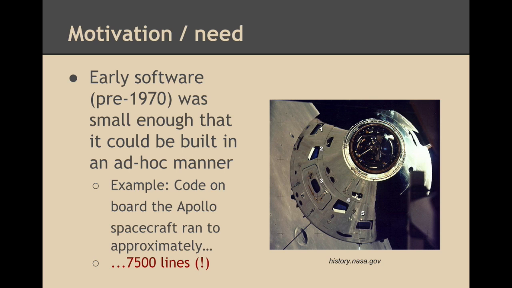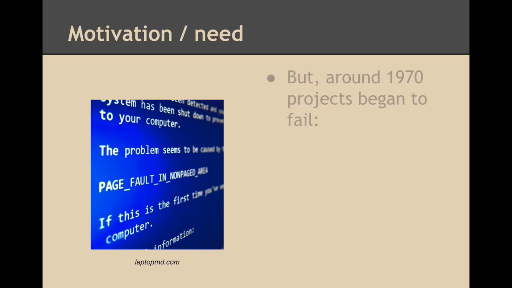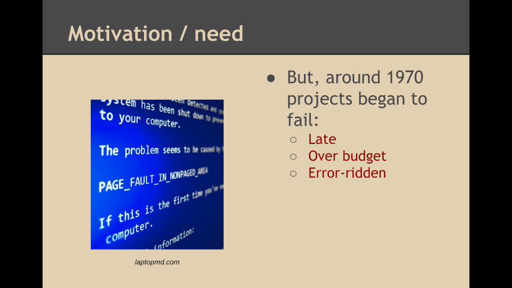Okay? So around that time, projects began to fail. They began to arrive late. They were over budget. They were error-ridden, and a lot of them were never finished at all.